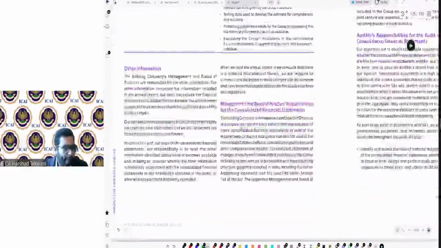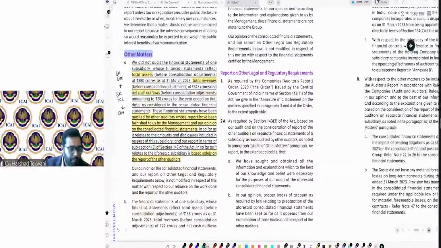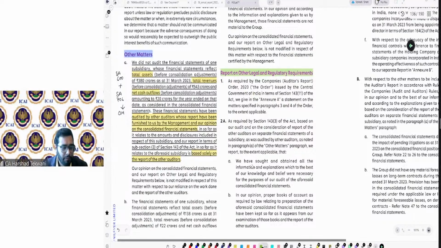Now, if you see this particular portion, reporting on other legal and regulatory matters. First comes the CARO, second comes 143.3.